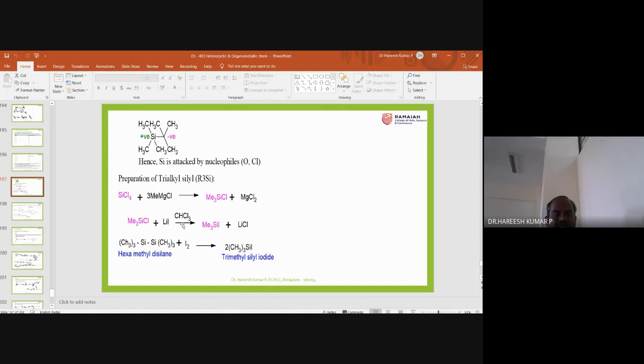So here it's only the halide exchange. Trimethylsilyl chloride is converted into trimethylsilyl iodide. So what is the name of this compound? Hexamethyl, this is trimethyl, this is trimethyl. Hexamethyl di, two silyl compounds are there.